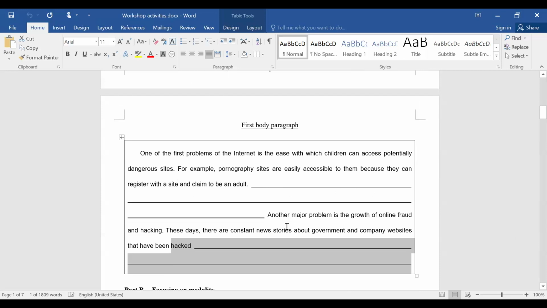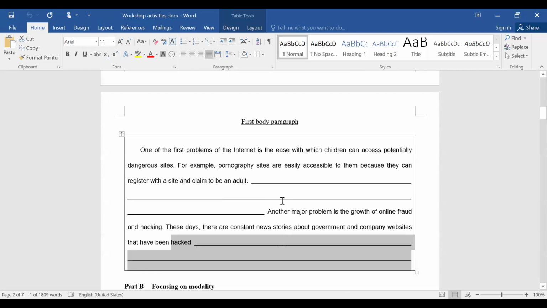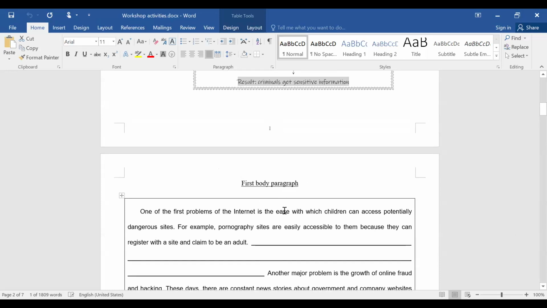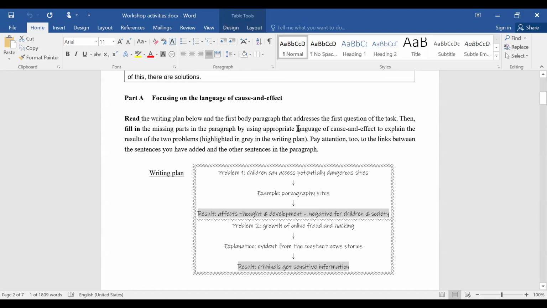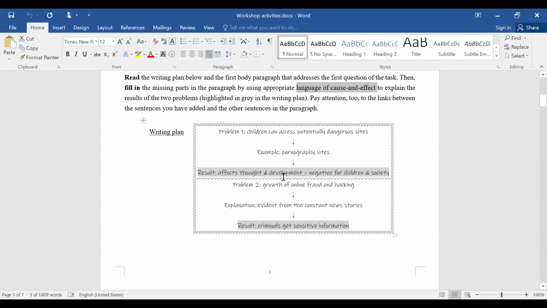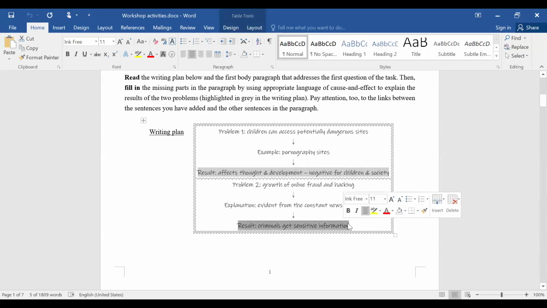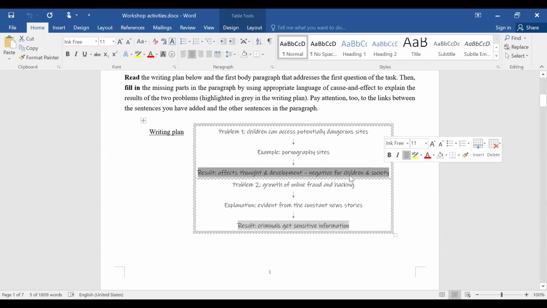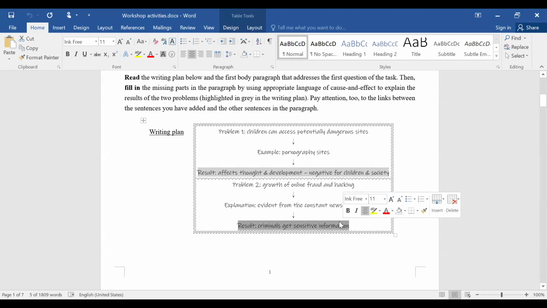And you finish the paragraph by adding the appropriate content using the language of cause and effect. But I've given you the relevant content that you need to supply. So you can refer to the words highlighted in gray and put these two points into complete sentences.